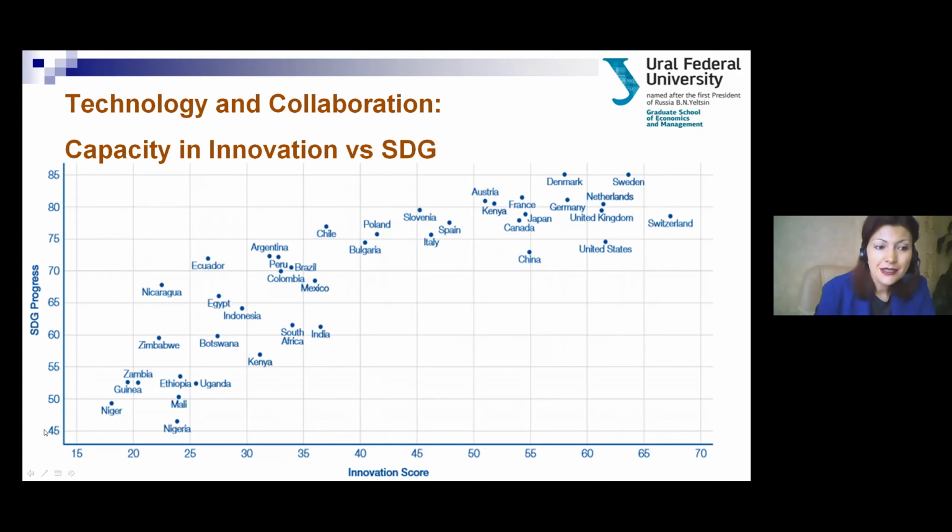When you analyze their SDG progress towards innovation score, what you see here, that of course advanced countries are on top, they are progressing SDGs quite fast, and their innovation score is the highest. Maybe some of you might be surprised by China, but actually China is doing pretty well, at least in the way they report the SDG progress.